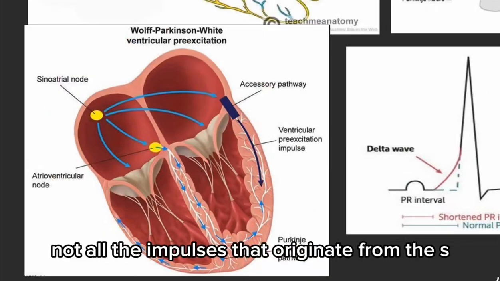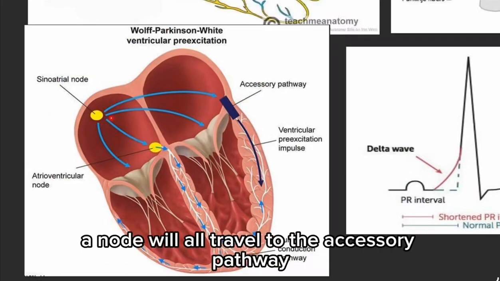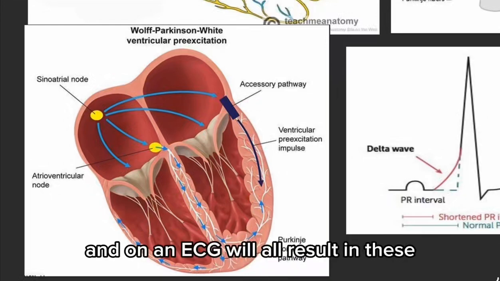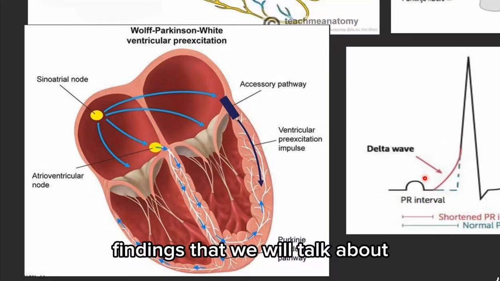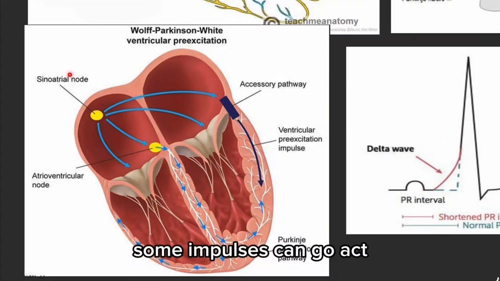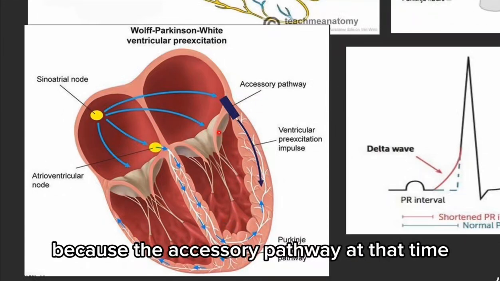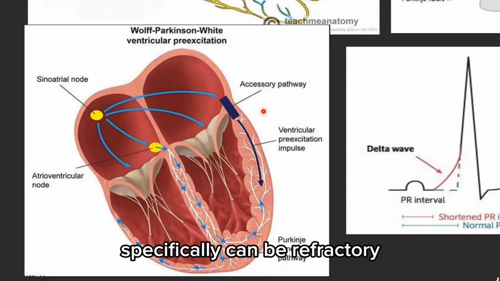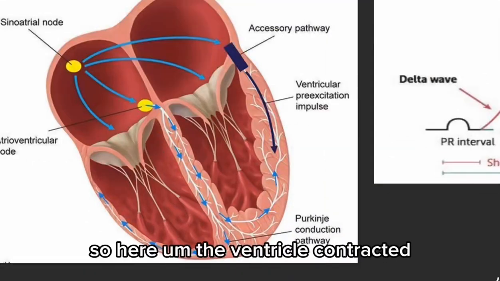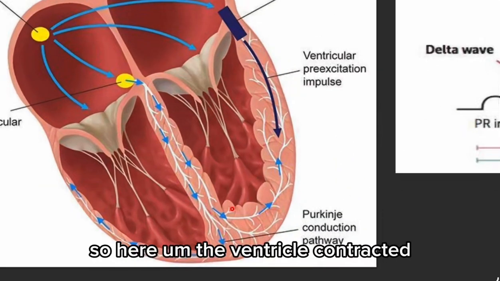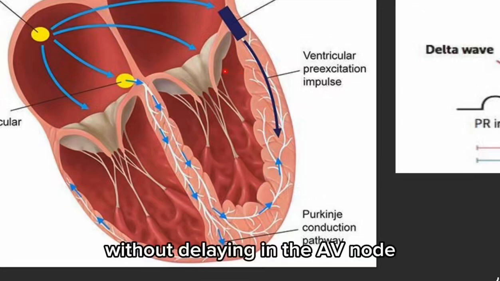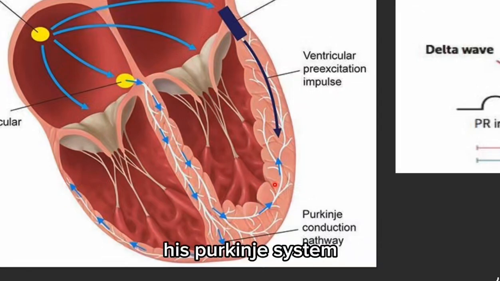But of course, not all the impulses that originate from the SA node will travel to the accessory pathway, and not all will result in the ECG findings that we will talk about. Some impulses can still go via the AV node and His-Purkinje system because the accessory pathway at that time specifically can be refractory. So here, the ventricle contracted without delaying in the AV node and without passing through the His-Purkinje system.